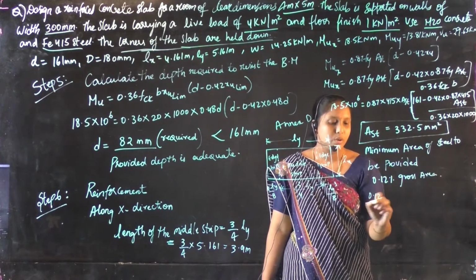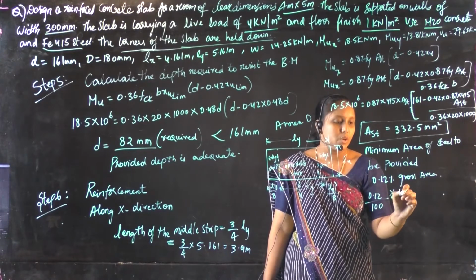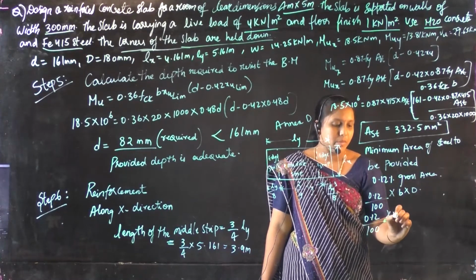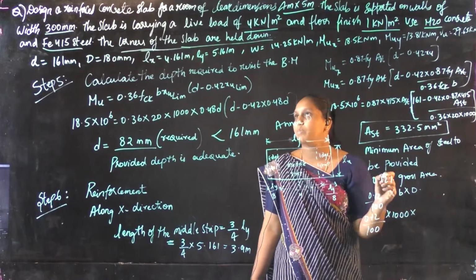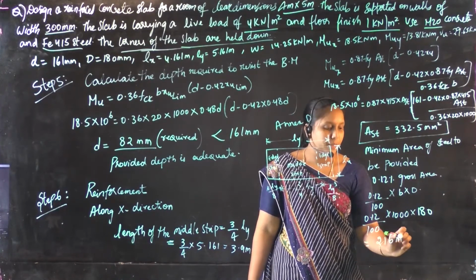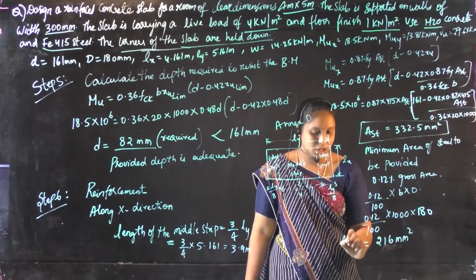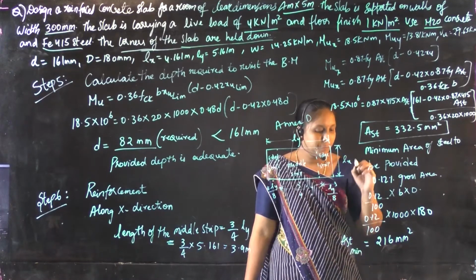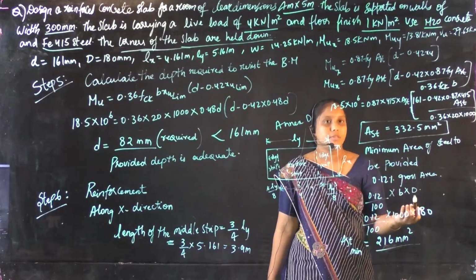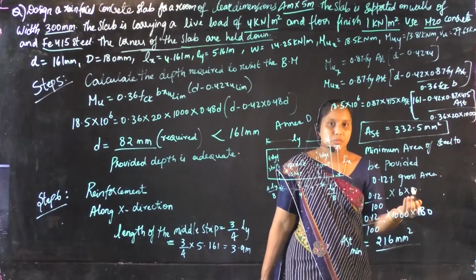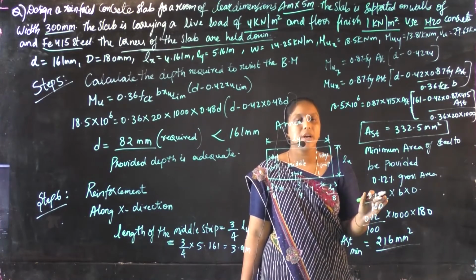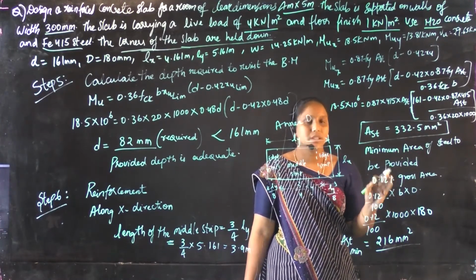So it is 0.12 divided by 100 into b into D, where D is the overall depth. b will be 1000 and D will be the overall depth, which is 180 mm. If you solve this, you will get a value of 216 mm square. So this is the minimum Ast which has to be provided. What we have got here is 332.5 mm square, which is more than the minimum Ast, so we have provided adequate area of steel, hence it is okay.